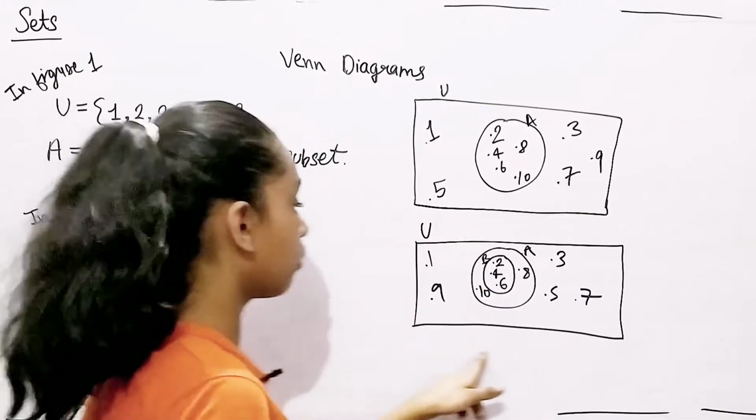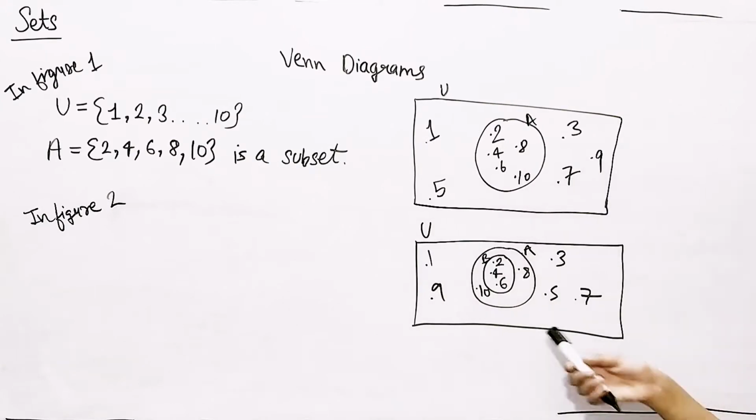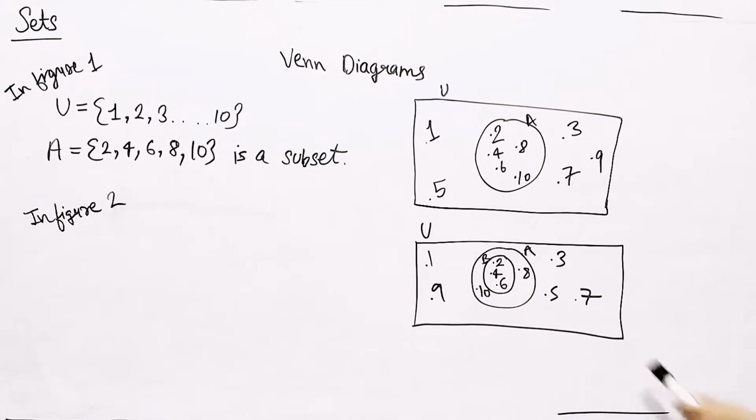So in this figure, what is it? We have the universal set, and in this universal set, we have 2 sets. First one is set A, which has elements 8 and 10. And in the set B, we have the elements 2, 4, and 6.